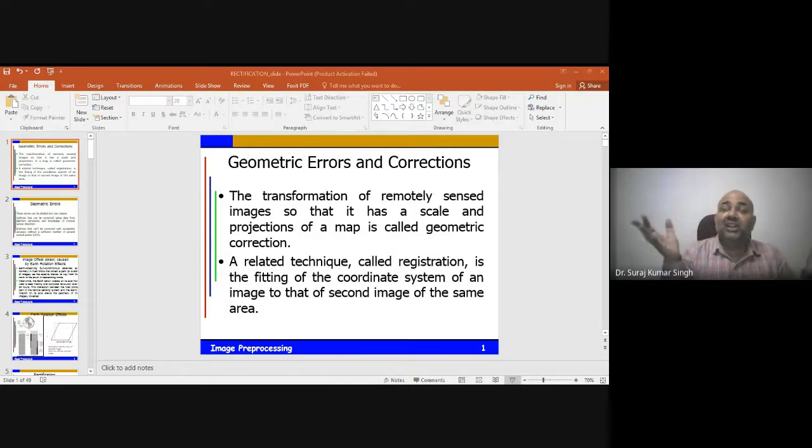So we are trying to identify those features in the image that are very clear, that are seen over the decades, over the years, that haven't changed their position. Those features are generally intersections of roads, intersections of railway lines, and major buildings. These are the important features that you have to identify, and you must select these features from your entire image.